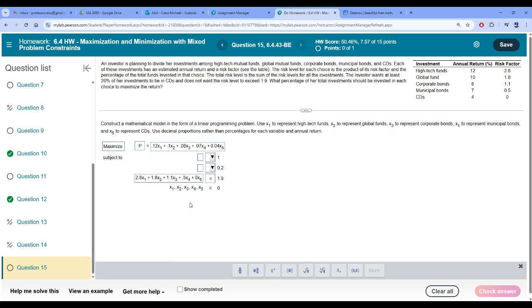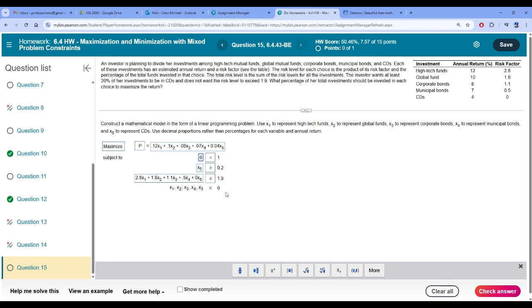Oh my goodness, I have to multiply that times that. I'm not 100% sure. I'm gonna do greater. Should be at least 20% of her investment. At least 20%. X subscript 5.